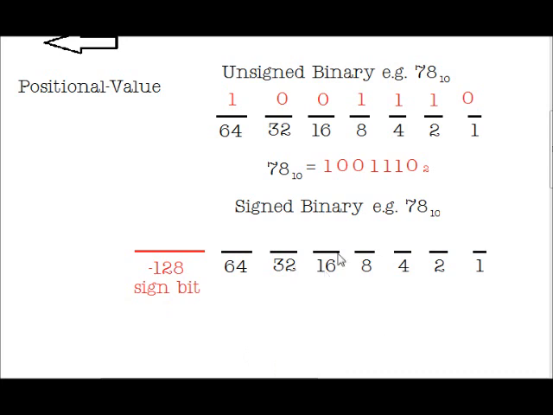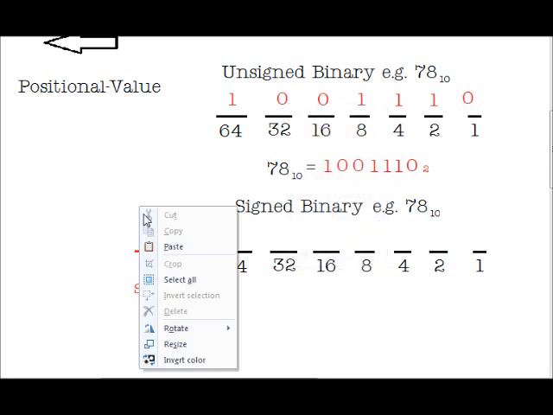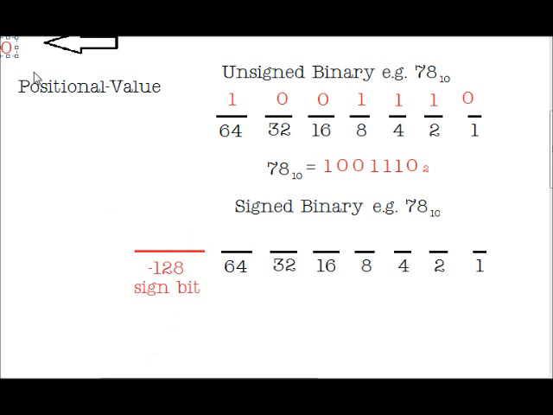Now, since this is a positive number, the sign bit would be a 0. So we put a 0 for the sign bit because this is a positive number.